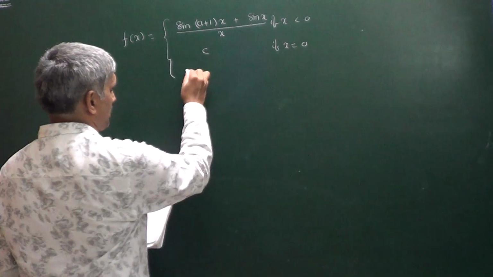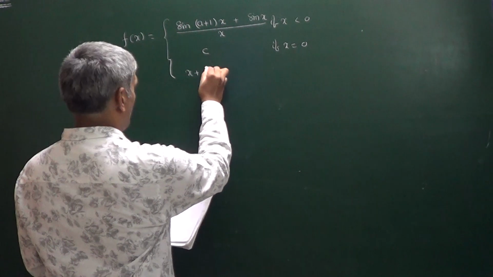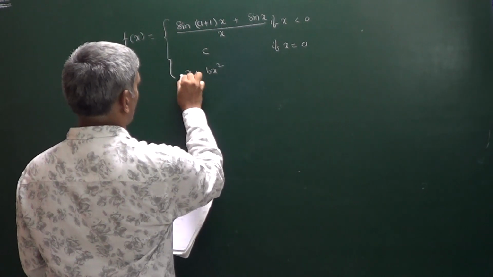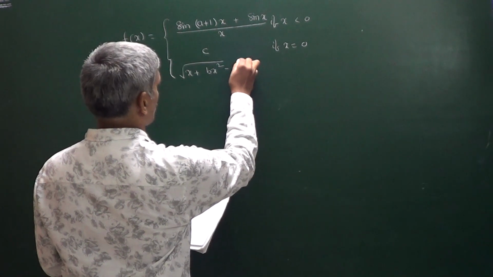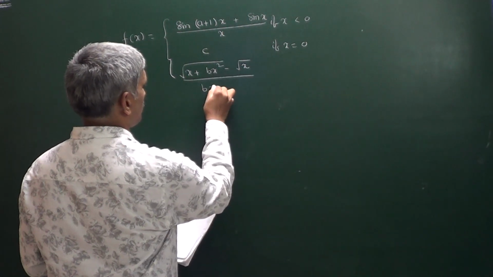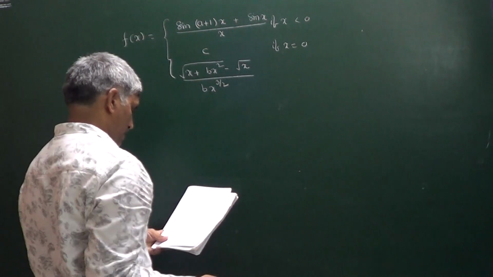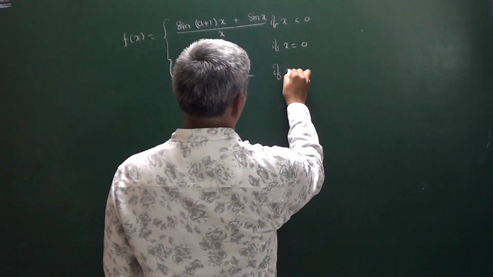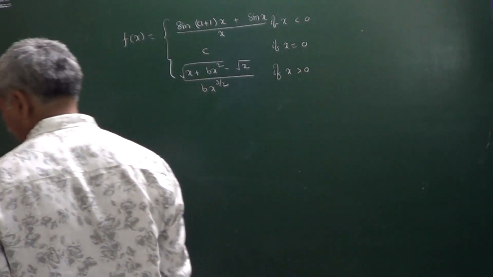And we can write it as root of (x plus bx square) minus root x, divided by b into x power 3 by 2, when x values are greater than 0. So that is the question given.